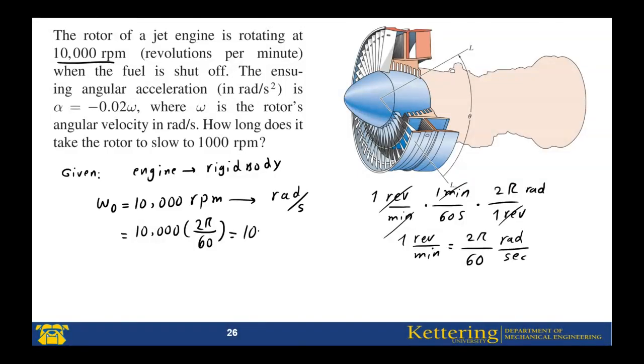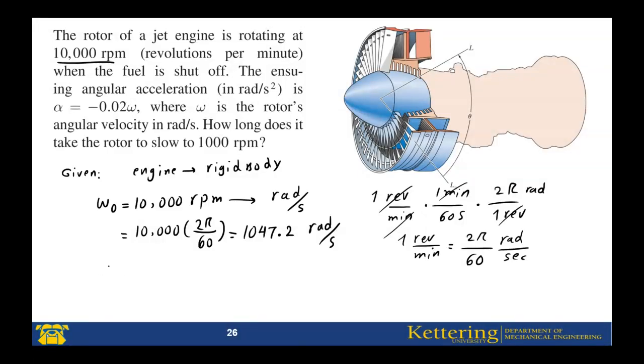If I round this correctly, it is 1047.2 radians per second.